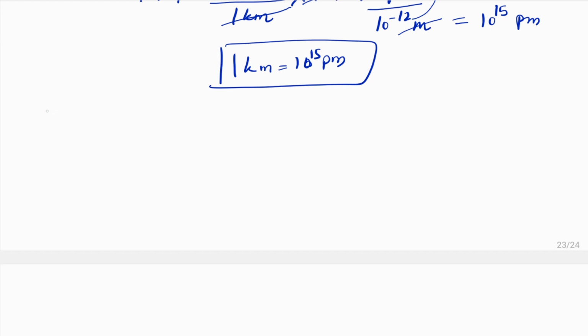So the next question, the second question, is 1 milligram is equal to how many kilograms, and which is equal to how many nanograms.